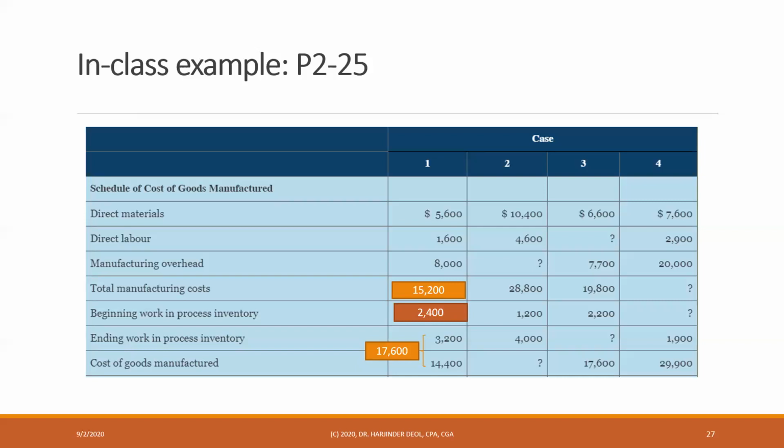So basically, it's a matter of figuring out the difference. Direct materials and direct labor add up to 15,000. If the total manufacturing costs are 28,800, then manufacturing overhead equals the difference: 28,800 minus the 15,000, $13,800.